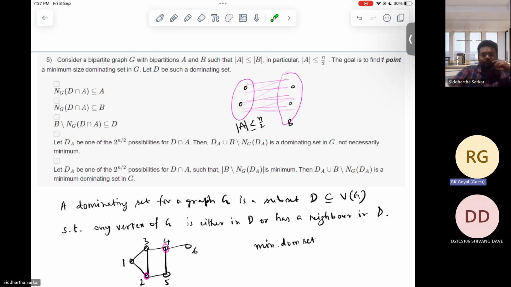Okay. Since it would be smaller, therefore this will be the subset of the set A, I think.